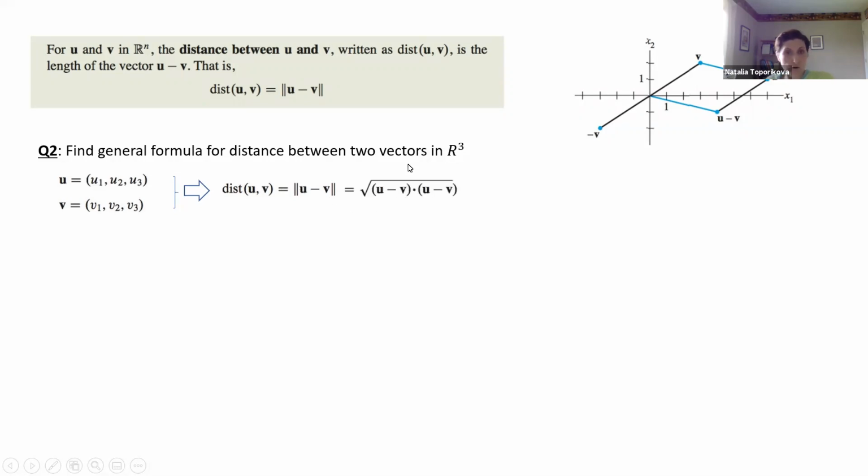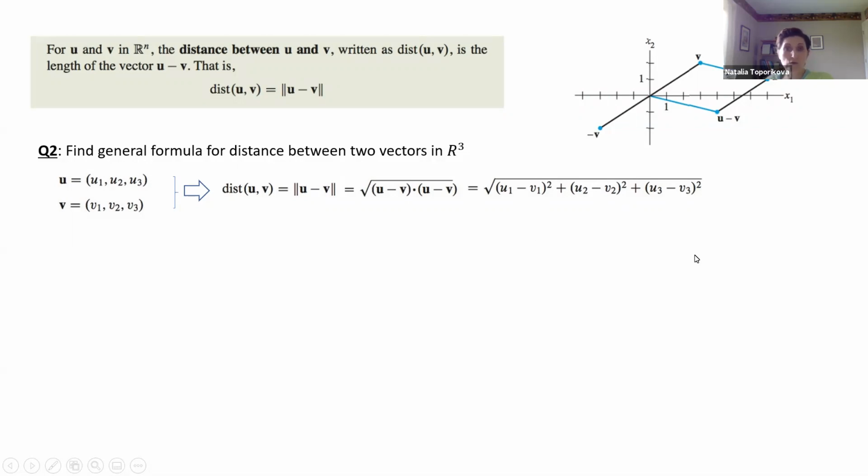Or we can write it using the dot product of u minus v with itself. The dot product with itself will be the sum of the first component of u minus the first component of v, squared, plus the second component of u minus the second component of v, squared, and so on. That's the formula for three dimensions, but we can expand it to as many dimensions as we need.